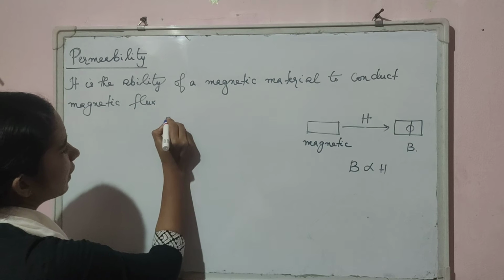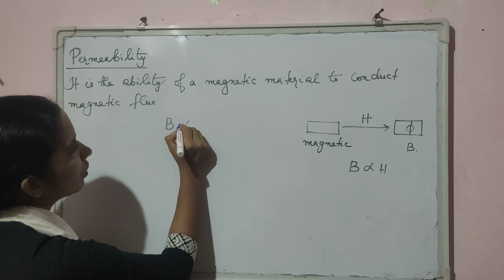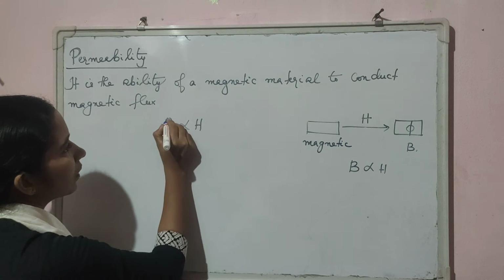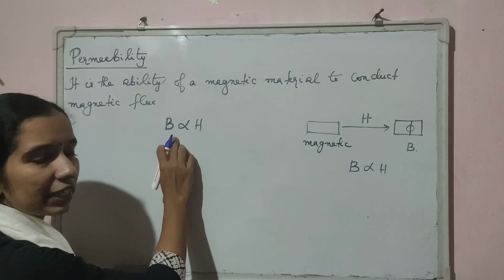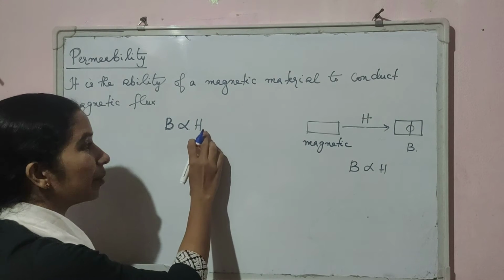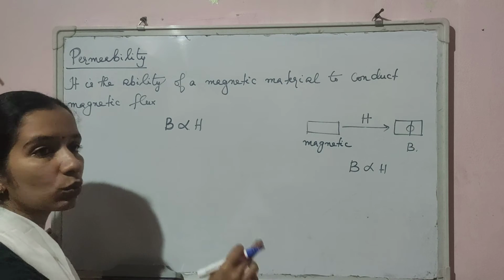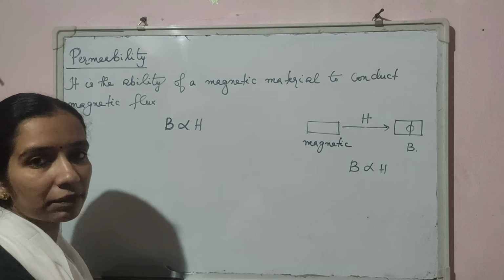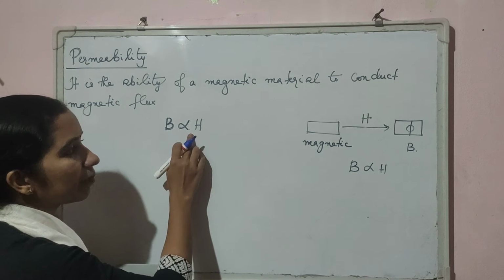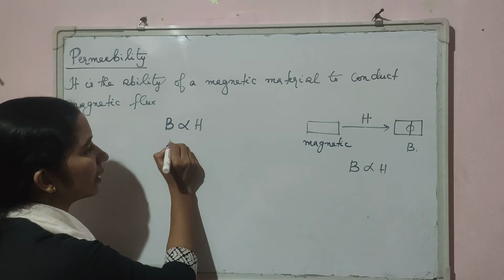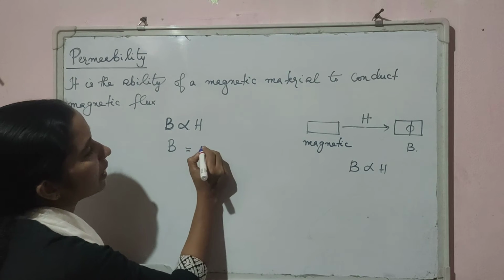The flux density in a material is proportional to the magnetizing force which is used to magnetize that particular material. Now we can replace this proportionality sign by using a constant mu.